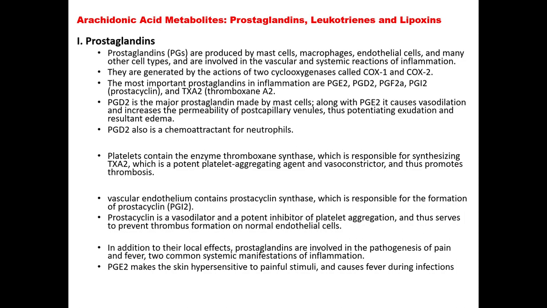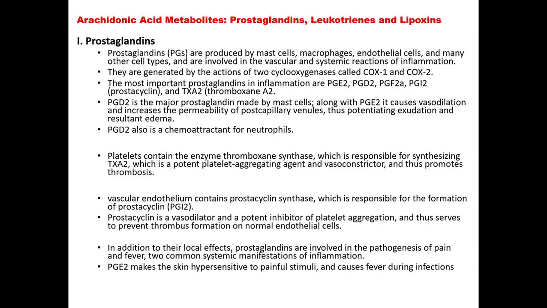They are generated by the action of two cyclooxygenases, عندنا two enzymes cyclooxygenase 1 و 2. The most important prostaglandins هو E2, D2, F2a و I2 sorry اللي هو نسميه prostacyclin والthromboxane A2.